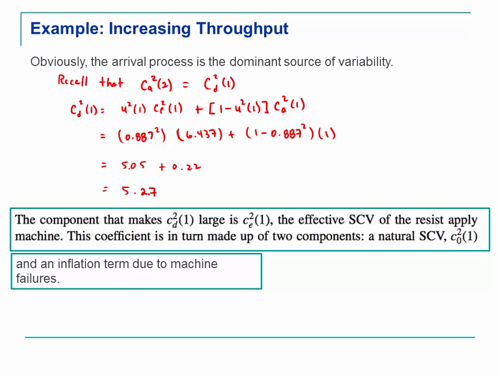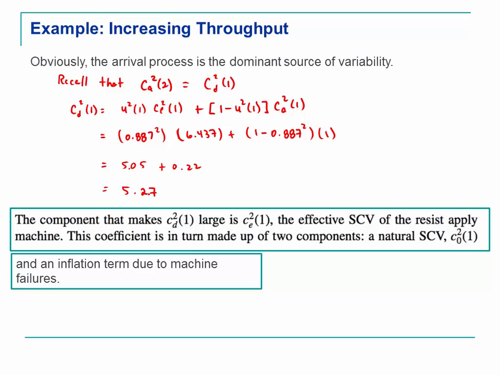So the component that makes CD squared of 1 large is CE squared of 1, the effective squared coefficient of variation of the resist supply machine. This coefficient is in turn made up of two components, a natural squared coefficient of variation and an inflation term due to the machine failures.